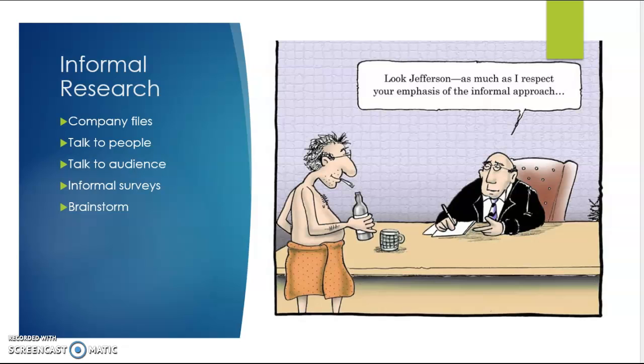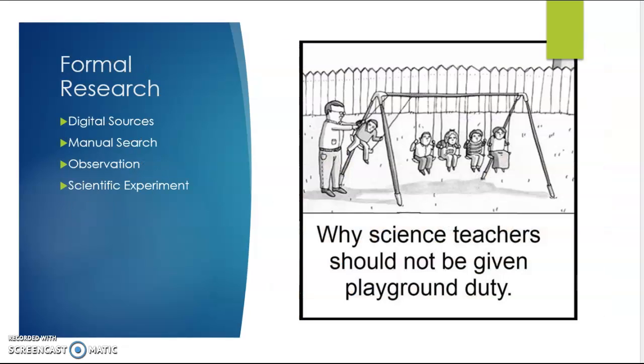When I speak in an organization, I contact HR or whomever my contact is, and I talk to them. Tell me about the culture of your organization. What are their needs? Then I get online and read about what is commonly known about this organization, their mission statement, how many people they employ, where they are located. That is an example of informal research. That is necessary when we are writing or speaking to a new audience.